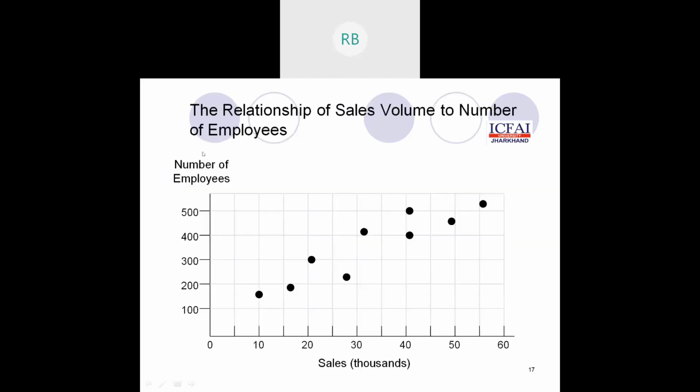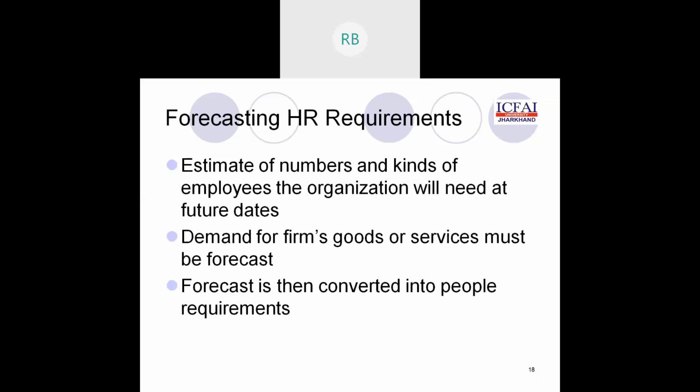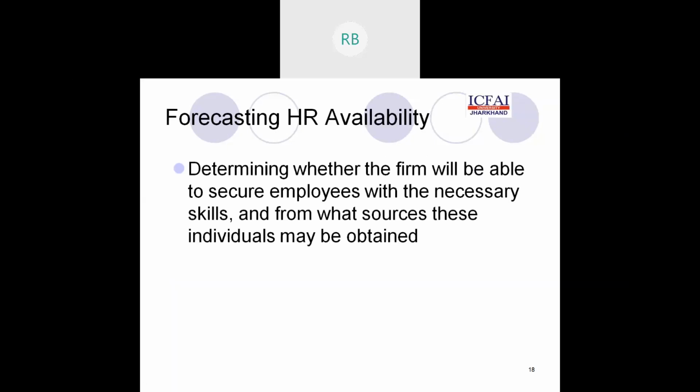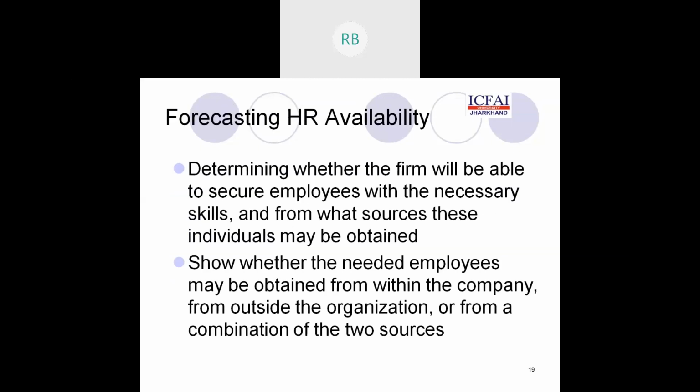This is the graph I have shown. Here the number of employees, here the sales in 1000. Estimate the number and kinds of employees that will be needed in the future. Now, all this up till here it is clear.